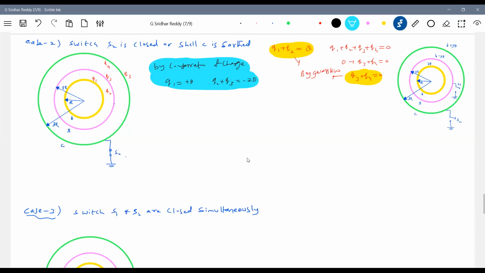Then which shell is earthed? Shell C is earthed. Potential of that should be 0. The reason for that is shell C is earthed. So what is VC? We'll write it: KQ1 by 3R, KQ2 by 3R, KQ3 by 3R.